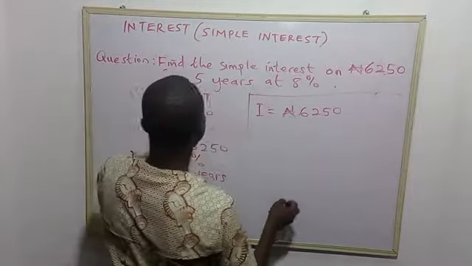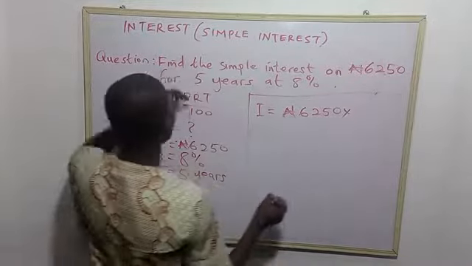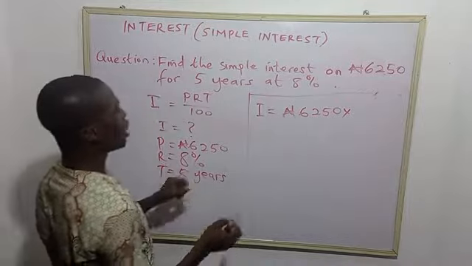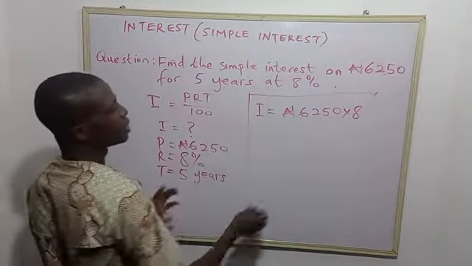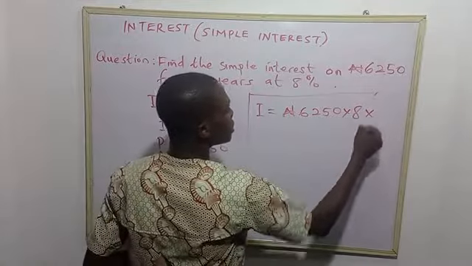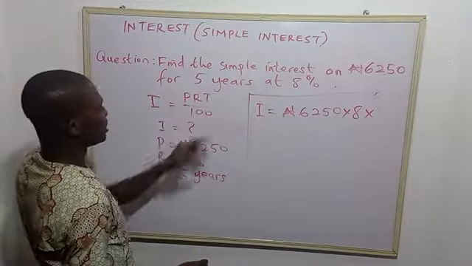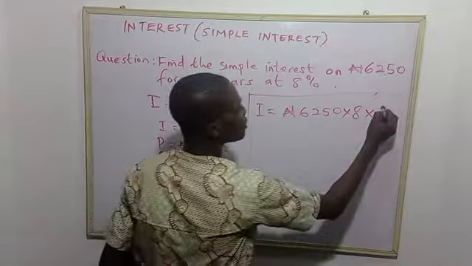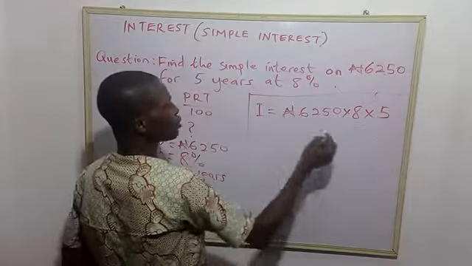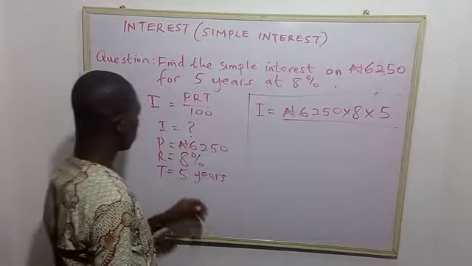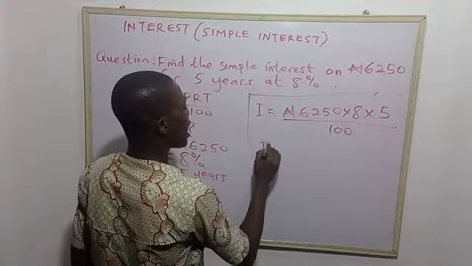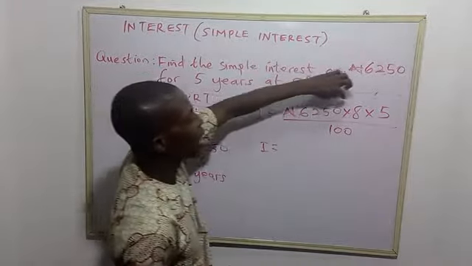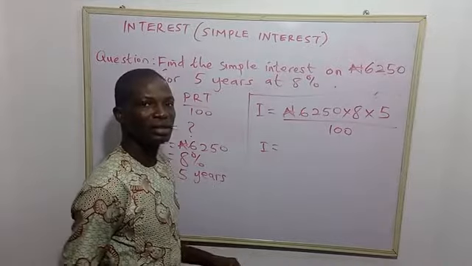Okay, times, what's our R? 8%. Okay, and times, what's the T? The time for 5 years. Okay, so let's over what? 100 in the formula. So I equals to, if you multiply everything together, what are we going to get?